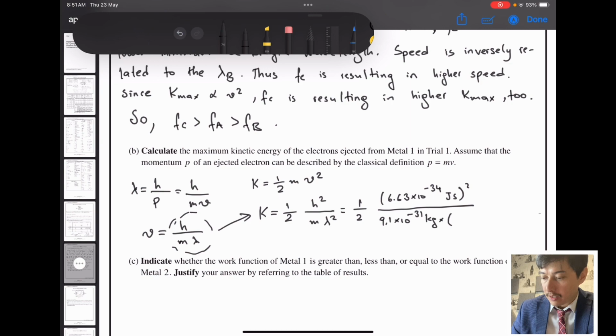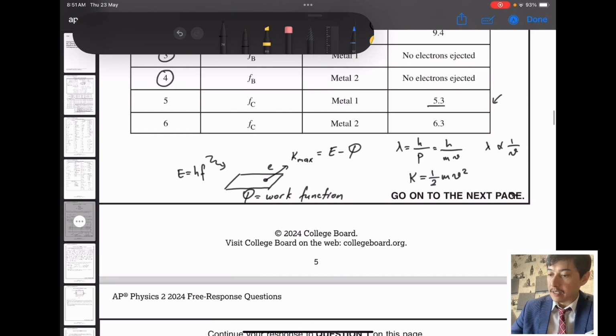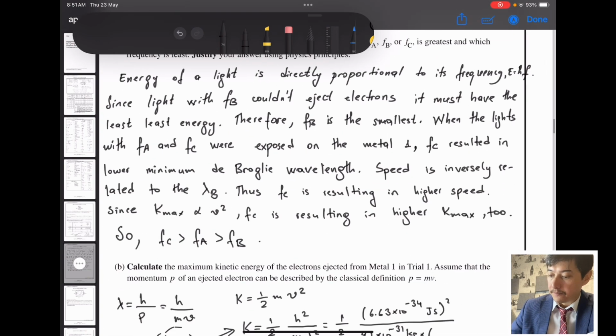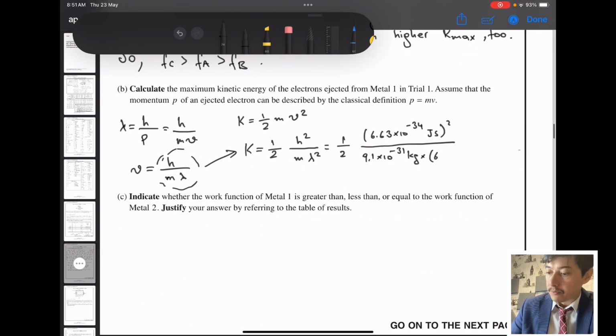Now, from the table, we can see in trial 1, the wavelength is given as 6.9 times 10 to the power of negative 10 meter, squared.